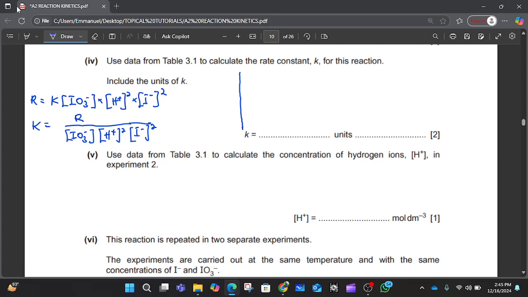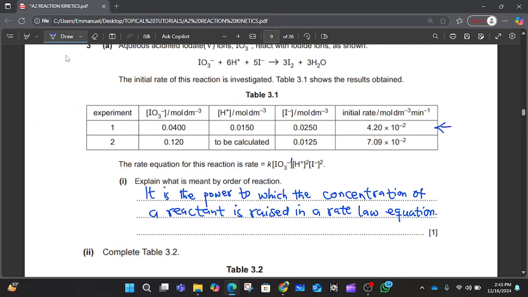From table 3.1, experiment 1 gives us values for the rate and the concentrations of all the reactants. So we can use the values in experiment 1 to calculate the rate constant.